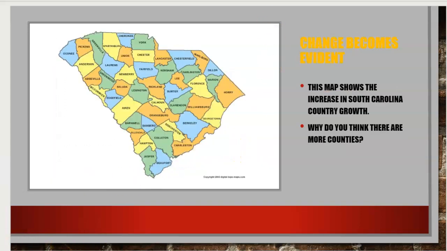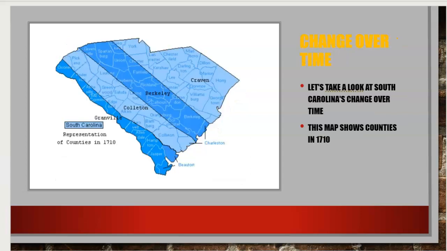And then when we jump forward a few years, we can see here is growth. These are now more colonies that are found in South Carolina. This would be closer to present day. So, some things that we might ask ourselves is, why? Why did we get so many more colonies? Why did we go from 4? What drove us to decide we needed to break it up?